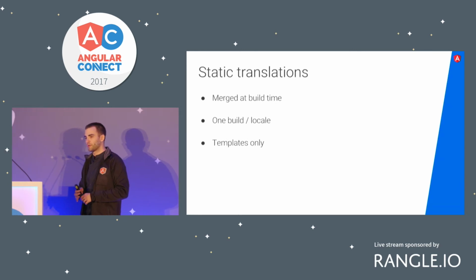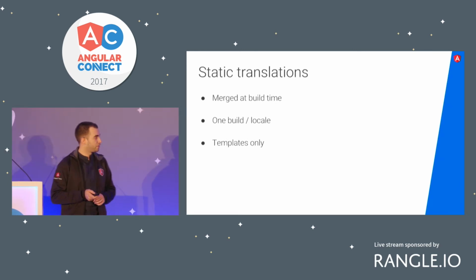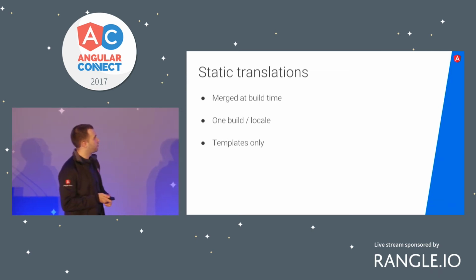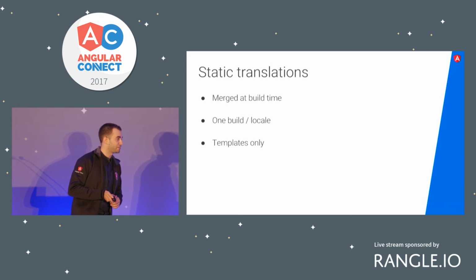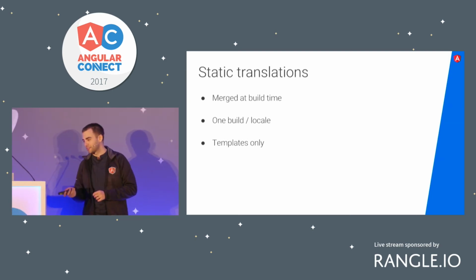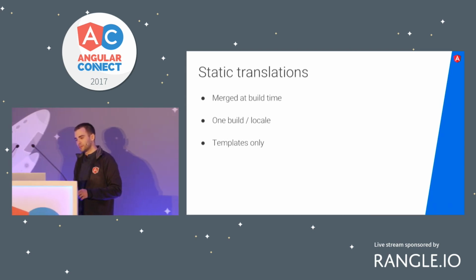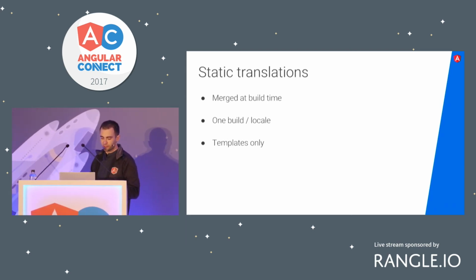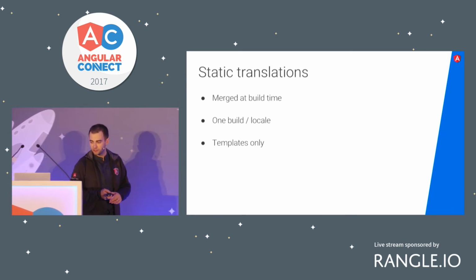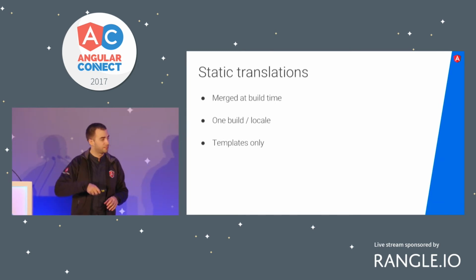So this is a problem for us and for a lot of enterprises. When you have hundreds of locales, it can take 4 hours or more to build your application in all of these locales. And this is problematic. It also means that since those translations are static, they only work with templates, because code is dynamic and we cannot translate it and replace it at build time.